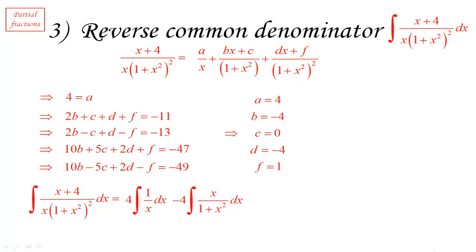And then d is negative 4, so I can just isolate that one and write negative 4 x over (1 plus x squared) squared. Again, this one can be done by substitution. And finally, I'm left with my f that was equal to 1. And that gives me that last integral, which will require a bit more work through an inverse trig substitution. But the point is, we've split it into integrals that we can do using the other methods.